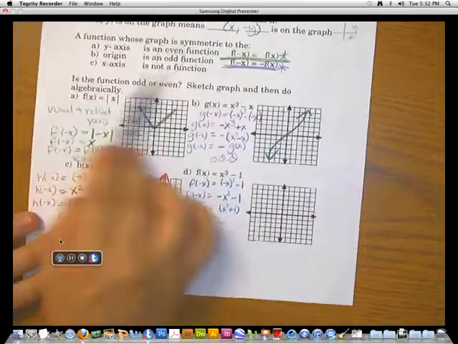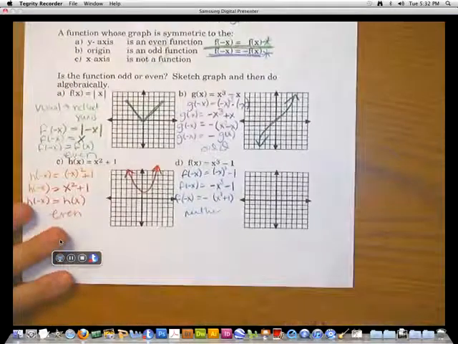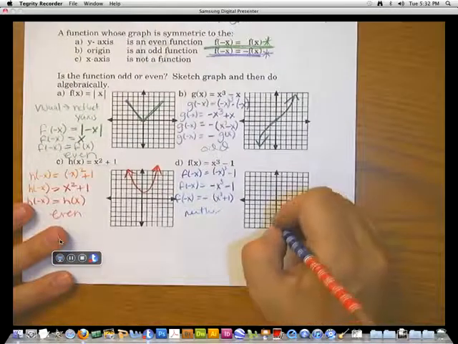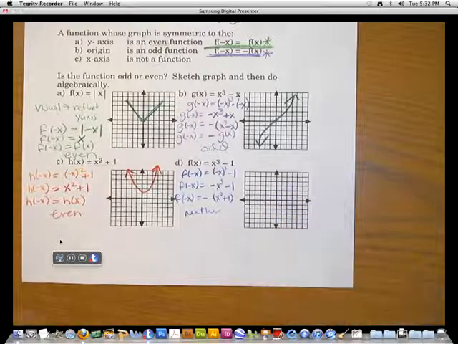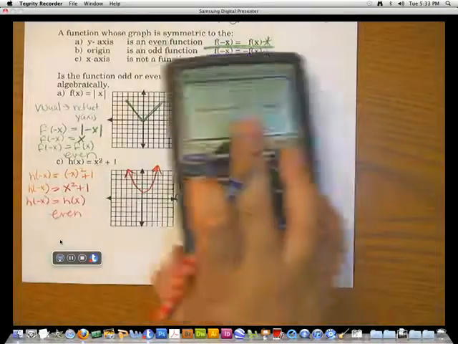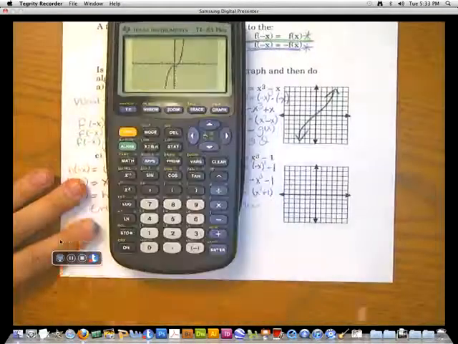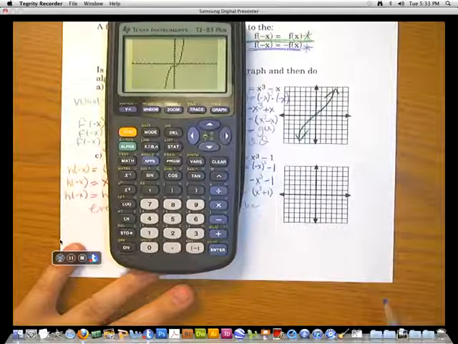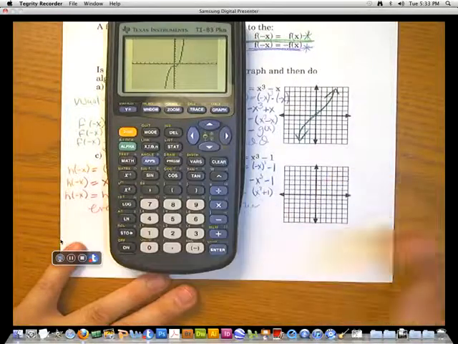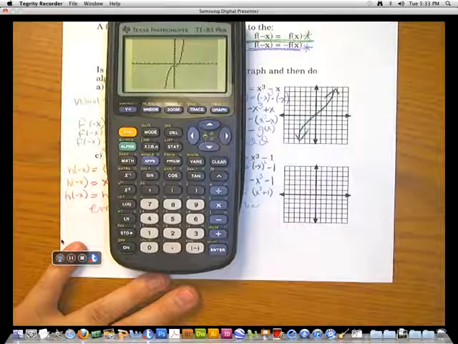This is actually reflective over the x-axis, and if I graphed it, x cubed minus 1, let me just show it to you here. Let's see. There we go. X cubed minus 1. We get that it doesn't have to be reflective, I'm sorry, over the x-axis.